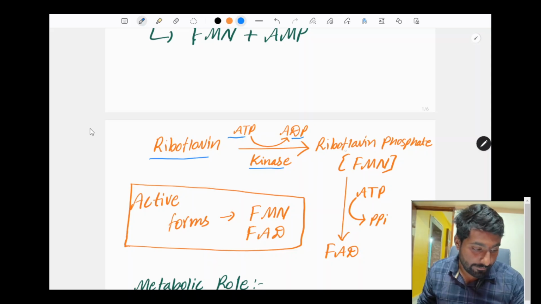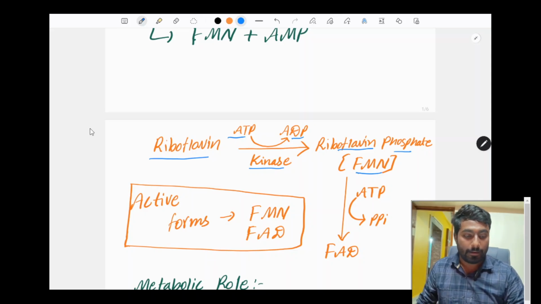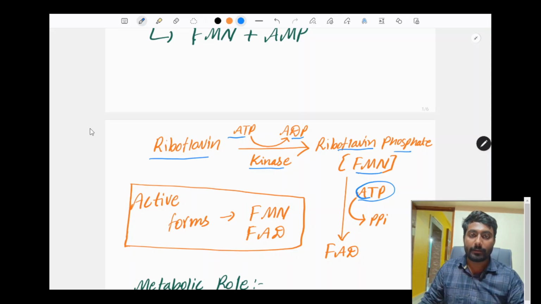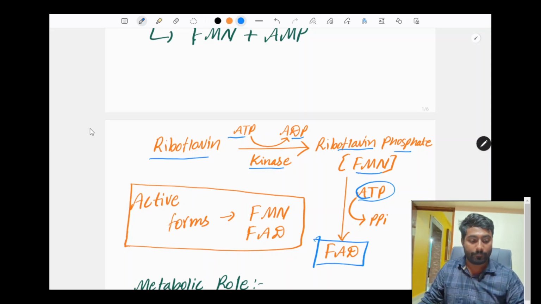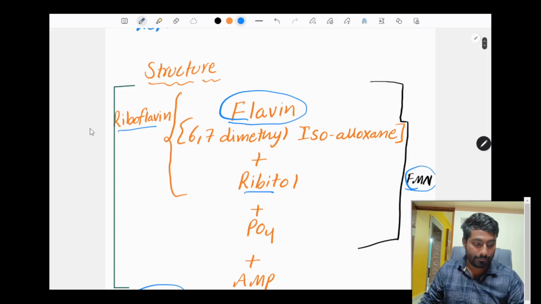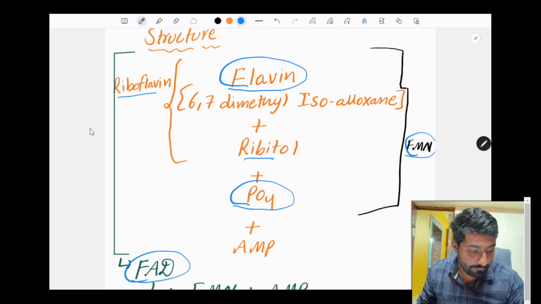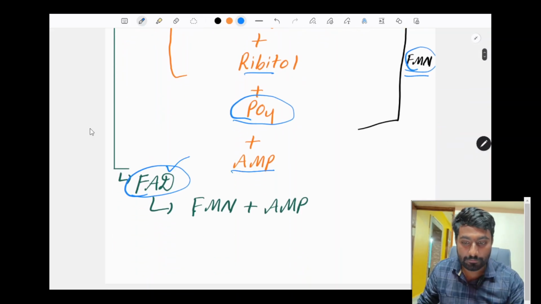Riboflavin is getting converted into riboflavin phosphate, which is FMN, and ATP gives AMP, getting converted into pyrophosphate, and it is giving FAD. Got it, students? See here, riboflavin on addition of phosphate group is FMN, and on addition of AMP, it is FAD.